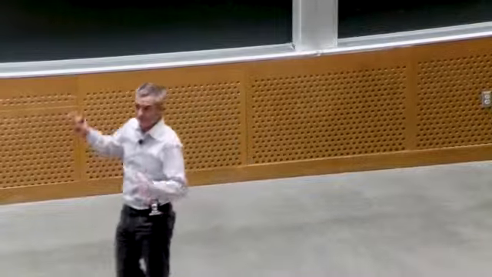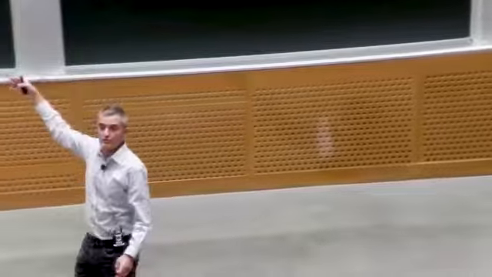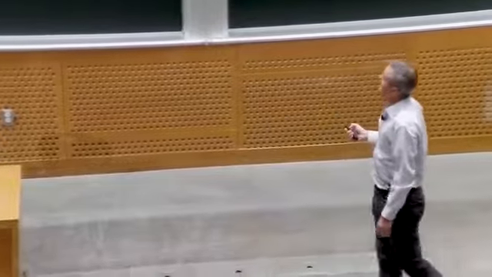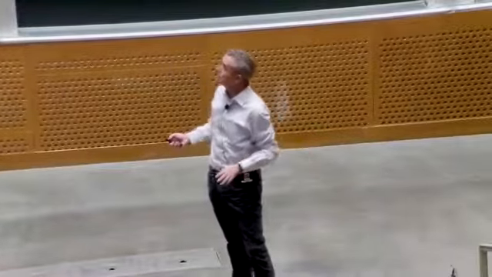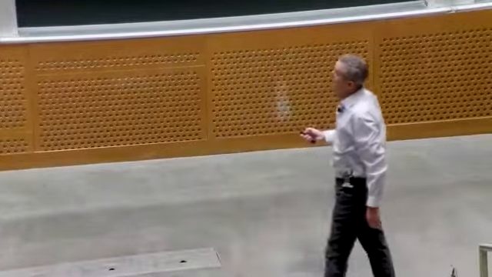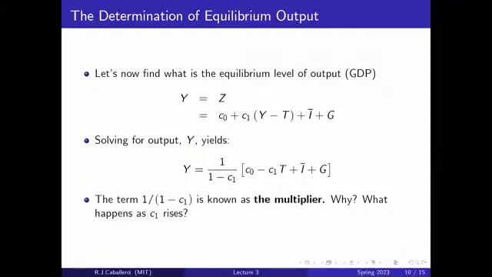Knowing how to do that is very important for you. You better be sure that you know how to find equilibrium output in this model. It's going to be very difficult to do IS-LM if you don't know these steps. And remember, we call this term in the simple economy the multiplier, because given exogenous expenditure, the 1/(1 - C1) multiplies that.